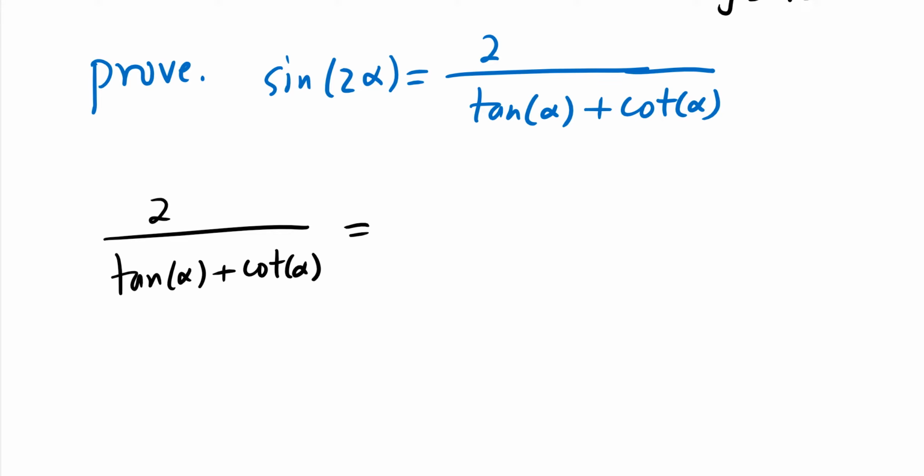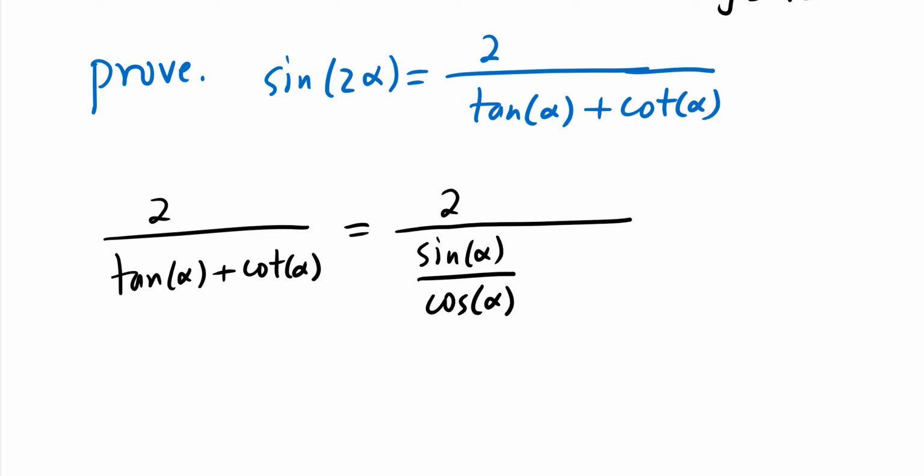And this equals 2 over. I'm going to convert things into sine and cosine. So by the quotient identities from 2 sections prior to this, tangent is sine over cosine. Cotangent is cosine alpha over sine alpha.